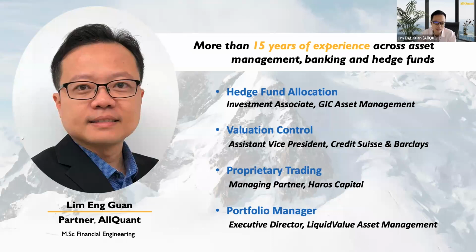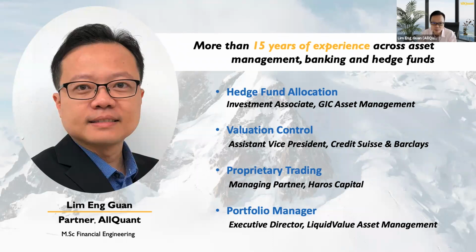Before setting up AllQuant, I spent about 15 years across the asset management and banking industry. I first started off in GIC asset management, where I analyzed and conducted investment due diligence on hedge funds for the purpose of allocating money to them. Then I moved on to investment banks, namely Credit Suisse and Barclays. Over there, I did something different.